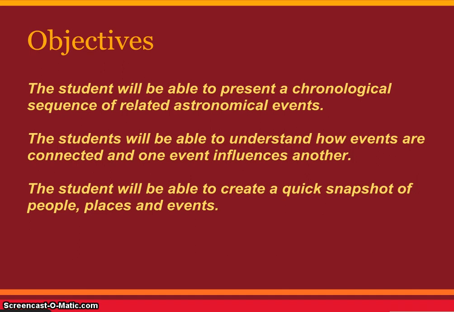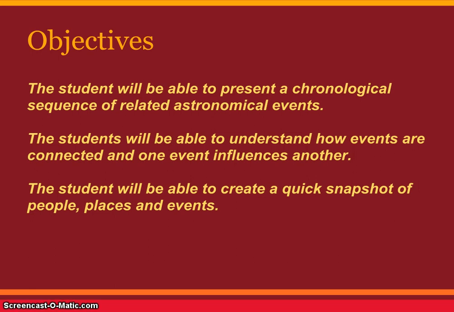So first of all, the objectives of this unit are that the student will be able to present a chronological sequence of related astronomical events. So the students will be timelining major astronomical events and then observing how they are related to one another. As the second objective states, the students will be able to understand how events are connected and how one event influences another.